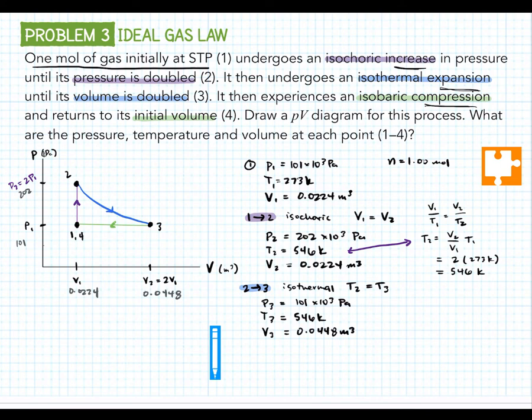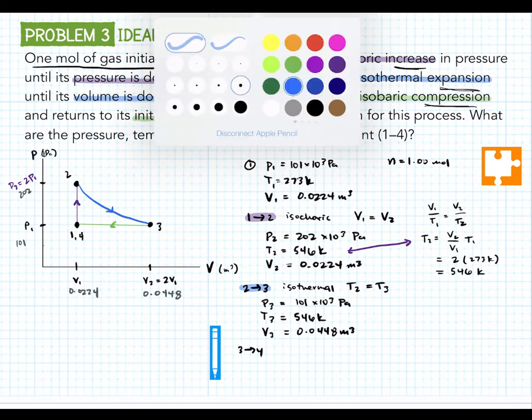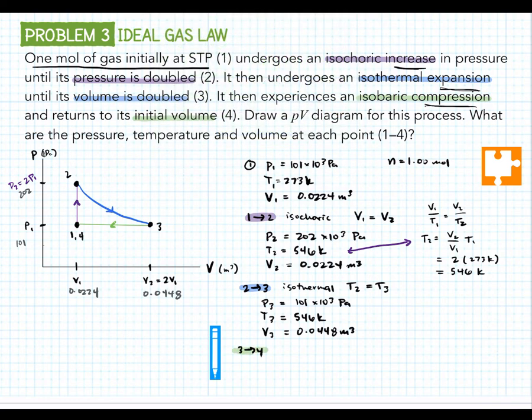So now we have everything for P3, and then in this last process, 3 to 4, this is an isobaric process, meaning our pressure 3 is equal to pressure 4, which is also pressure 1, because remember 1 and 4 are the same point.